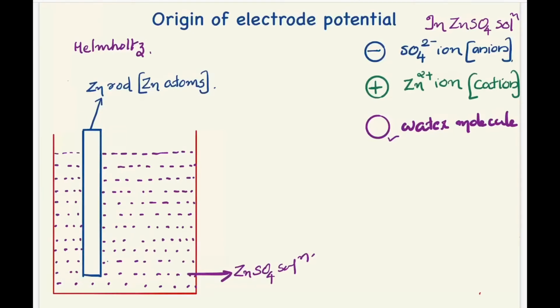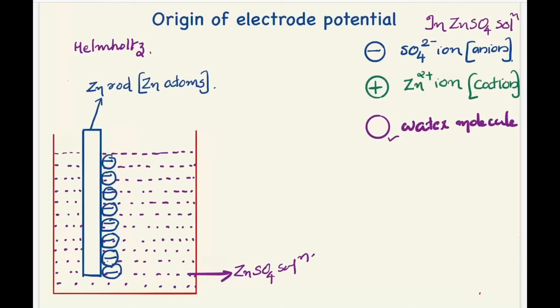So I am drawing the adsorption of anions, that is sulfate ions, on the surface of the zinc rod. Be careful, these ions are not reacting with the zinc rod, they are just absorbed.